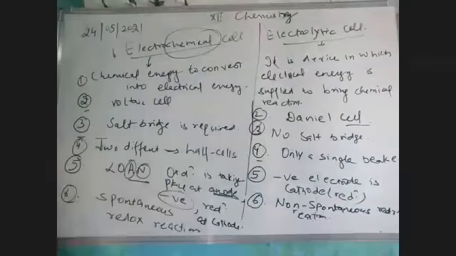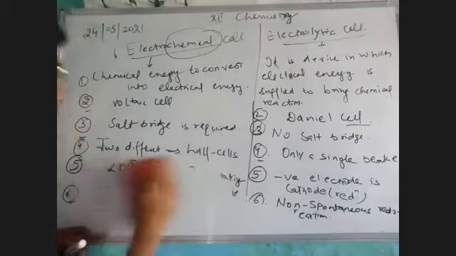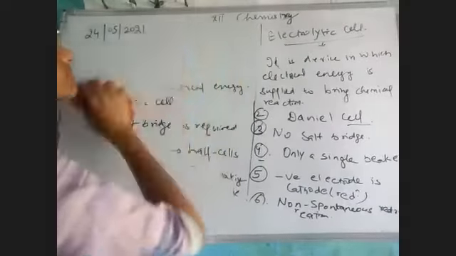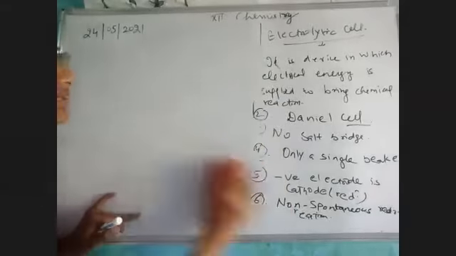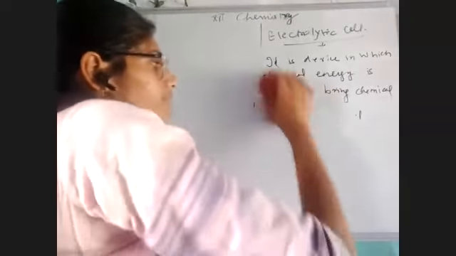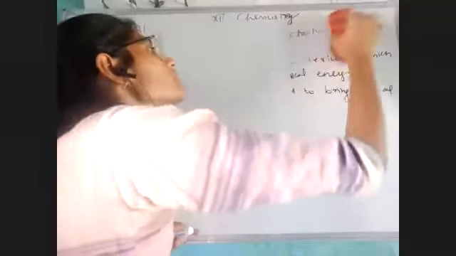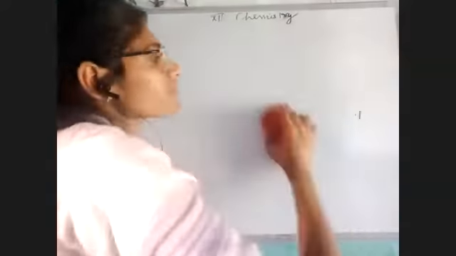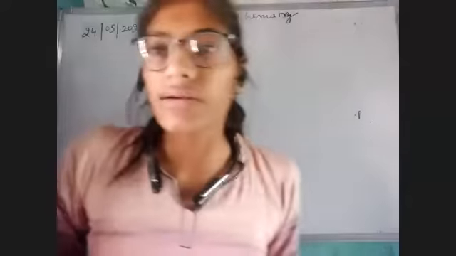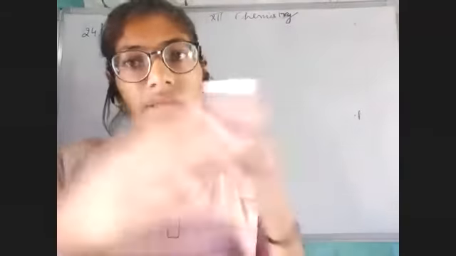What is electrode potential? Why do we need to study that? Let's see. Electrode potential is used when we have done our electrochemical cell. Till now, in the electrochemical cell, we have seen its construction and its working, that there is oxidation taking place and reduction taking place.